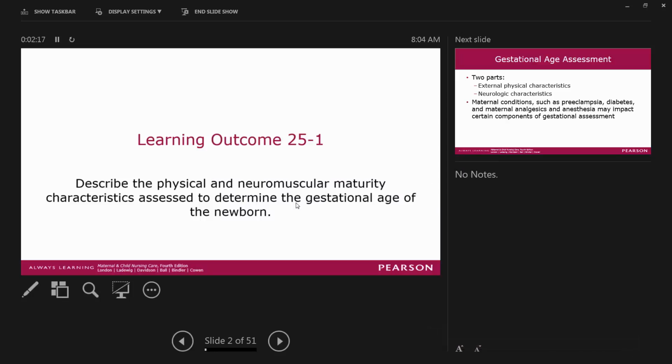Anyways, so gestational age. So based on last menstrual period or an early ultrasound, and those things could be wrong. They could be off a little bit. So we can do an actual assessment on baby, and from those assessment criteria, we can estimate their gestational age yet again.